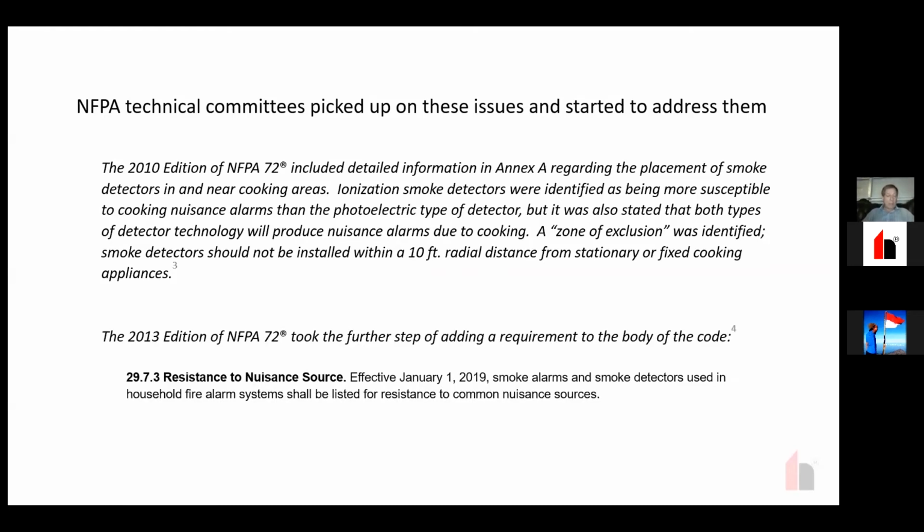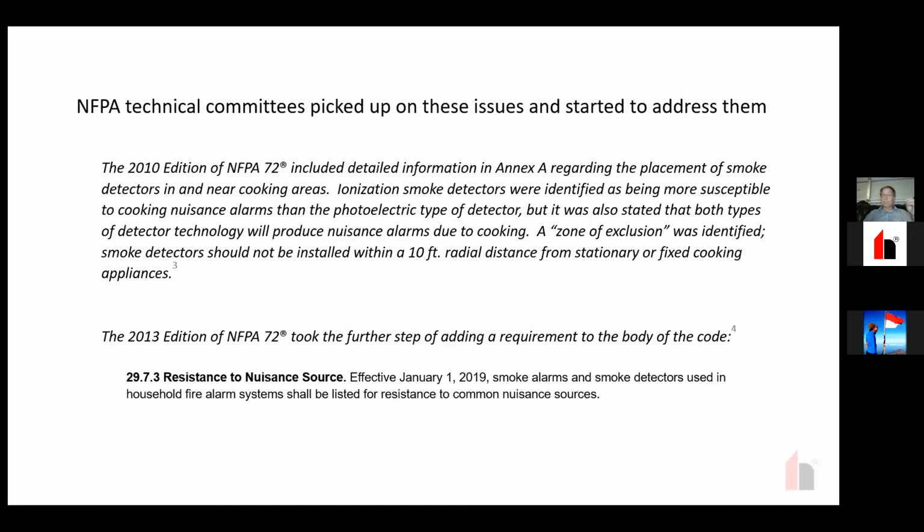In the 2013 edition of the code, they actually added it to the body of the code. At 29.7.3, it said, effective January 1st, 2019, smoke alarms and smoke detectors used in household fire alarm systems shall be listed for resistance to common nuisance sources.